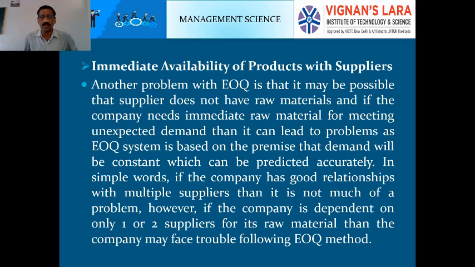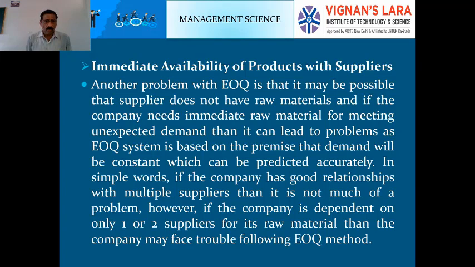EOQ system is based on the premise that demand will be constant, which can be predicted accurately. In simple words, if the company or enterprise has good relations with multiple suppliers, then it is not much of a problem. However, if a company is dependent on one or two suppliers for its raw material, then the company or enterprise may face trouble following the EOQ method.